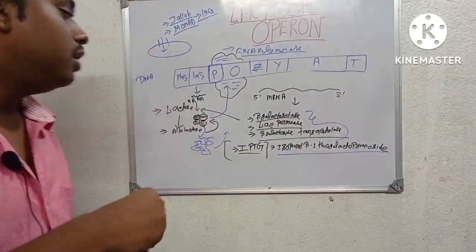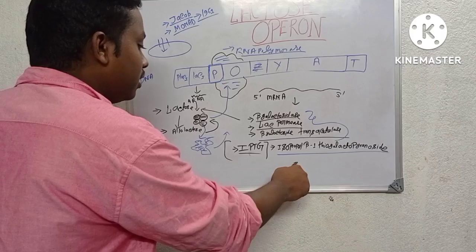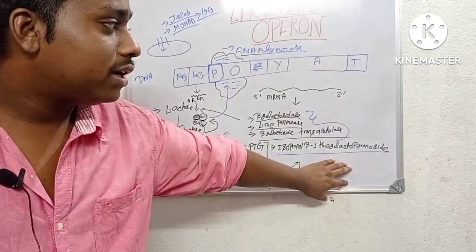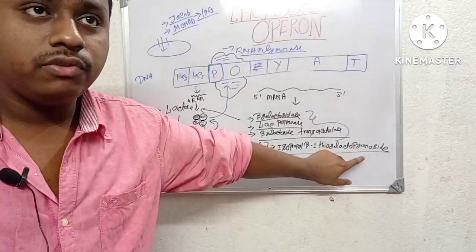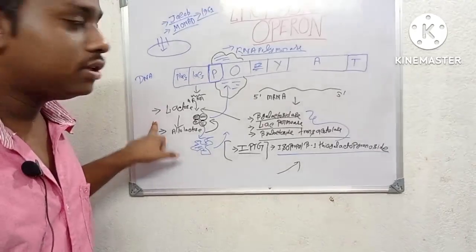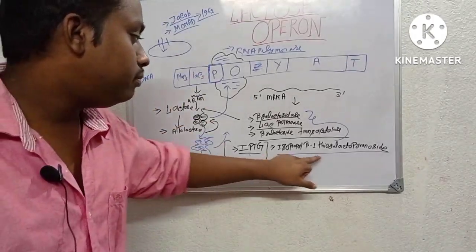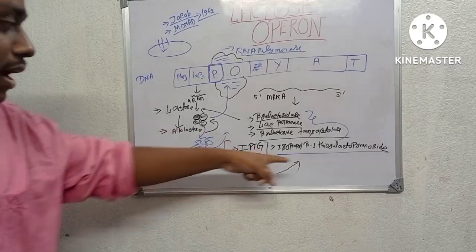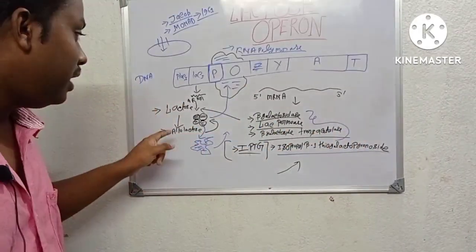So this is a synthetic inducer. This is most important from the question point of view. IPTG, isopropyl beta-D-thiogalactopyranoside, is a synthetic inducer, and lactose is the natural inducer of this operon.